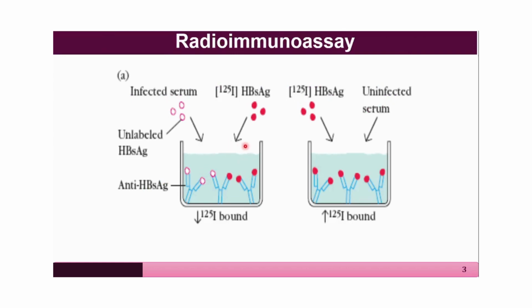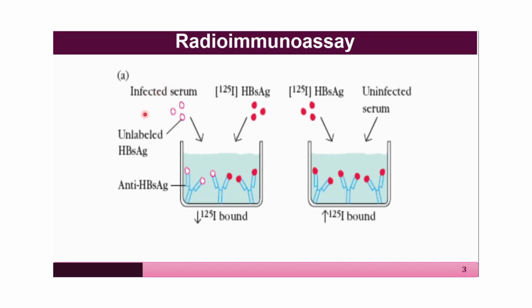In this example, HBsAg, that is hepatitis B antigen, is used, which is radioactively labeled with I-125. And the serum sample to be analyzed for the hepatitis B antigen is to be used.